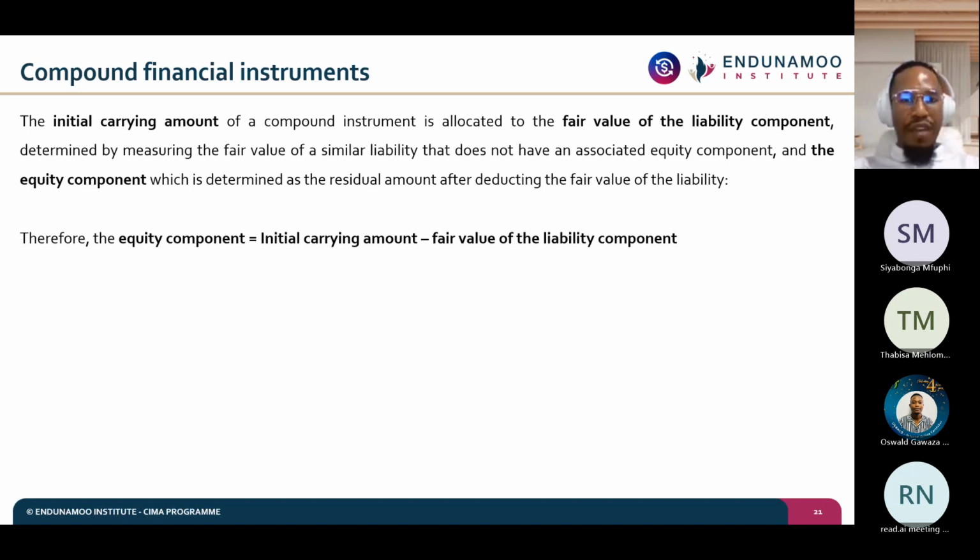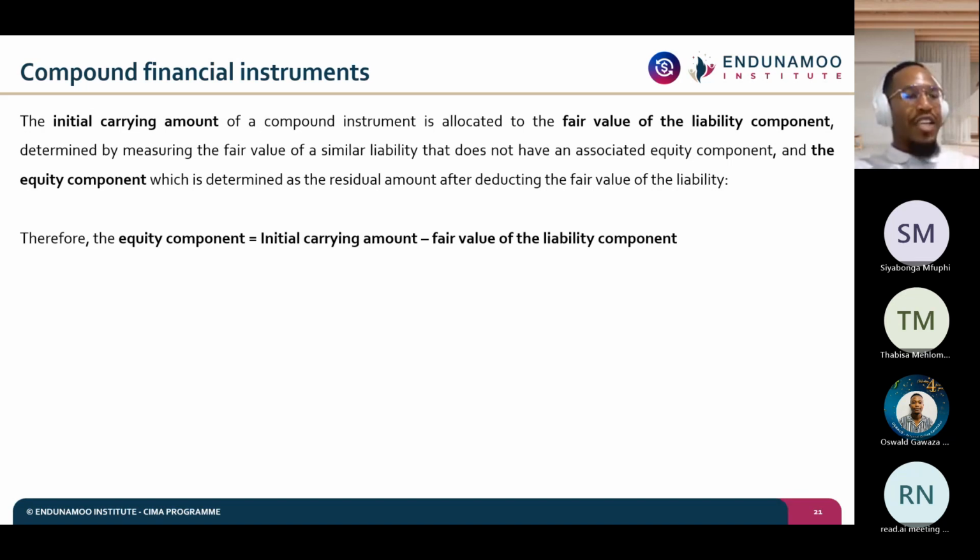When you issue this compound financial instrument, you're going to have money come into the bank account in almost every instance. Sometimes a holder of a financial instrument will give you another asset, but in most instances, they will give you cash. And what we know from the accounting equation is that assets minus liabilities is equity.